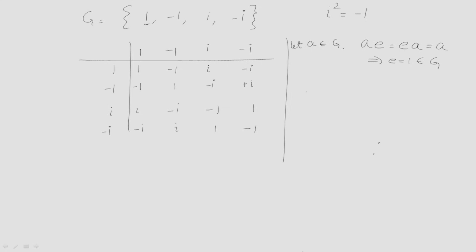Now, the existence of inverse. You take any A in G, then for inverse, AB should be equal to BA should be equal to E, which is 1.